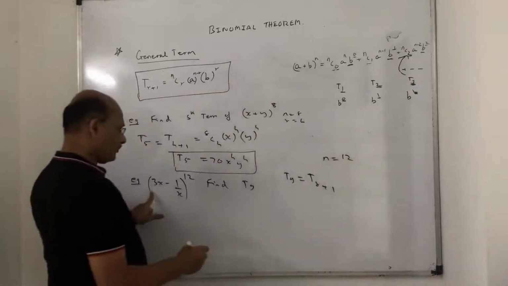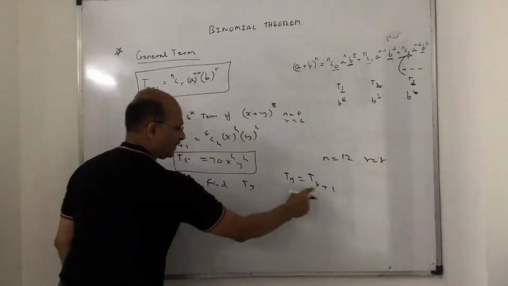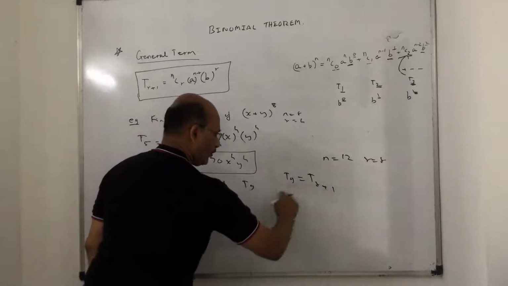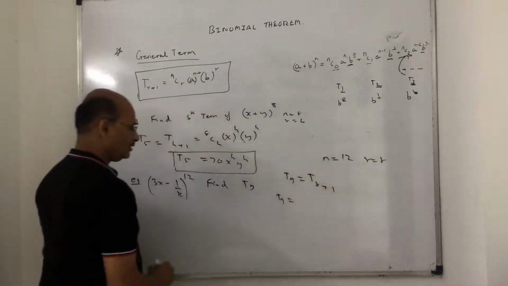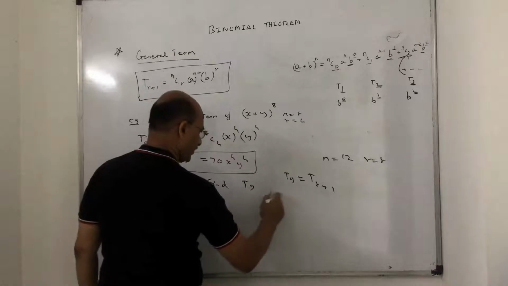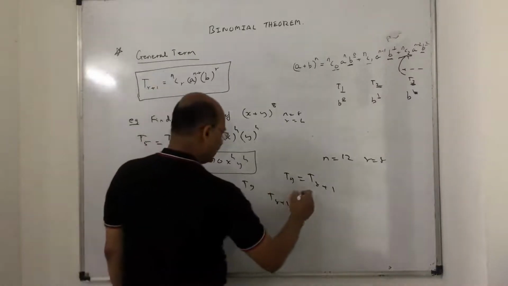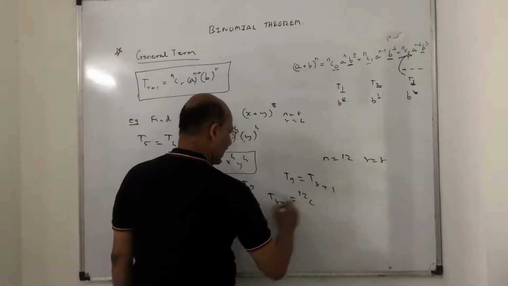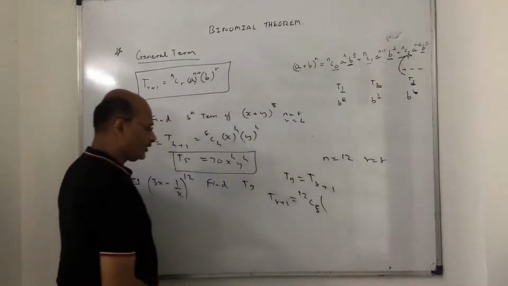And what is r? r is nothing but 8. So the ninth term will be, remember this, T r plus 1. In this format it will become easier for you to understand. T8 plus 1, then the ninth term will be nCr. What is n? What is r? 8. What is the first term in this case?